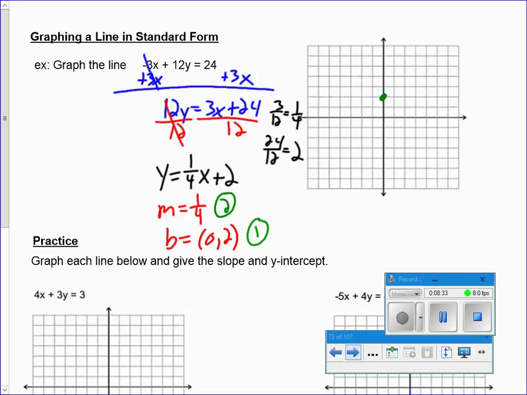And then we count the slope out, up 1 and to the right 4, since it's positive 1 over 4. We can also go down 1 and left 4. Alright, and there's my line, negative 3x plus 12y equals 24.